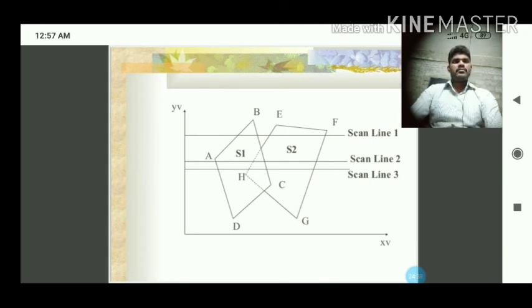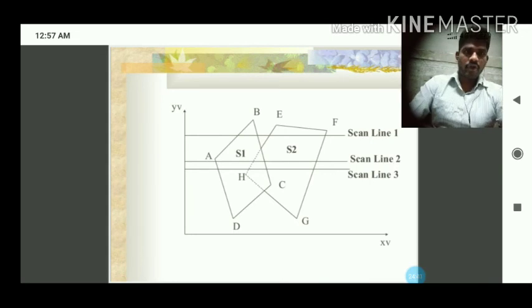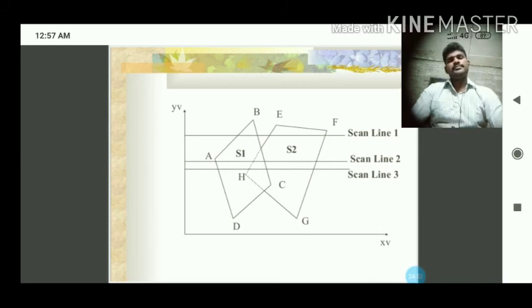Scanning the object, when the points intersect, that point will be stored in the memory. Then draw the image based on the intersection points, the visible points. Based on scan line 1, scan line 2, and scan line 3, visible surface detection or hidden surface removal will be done.